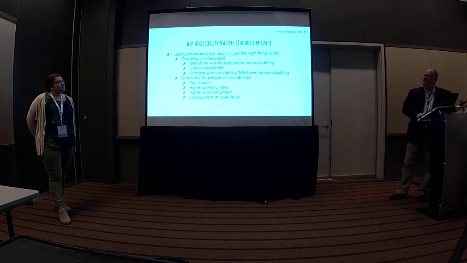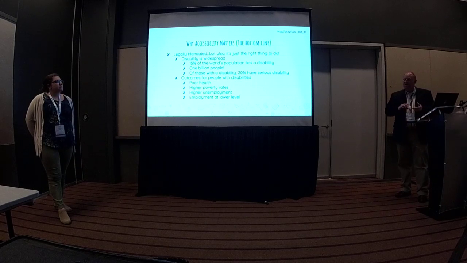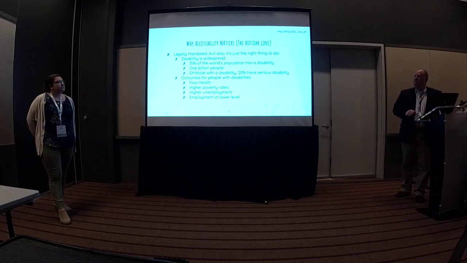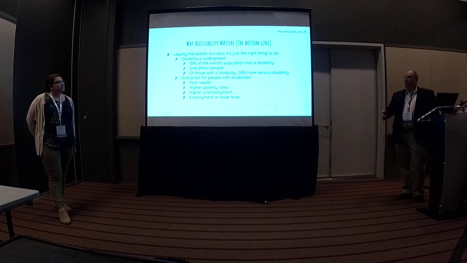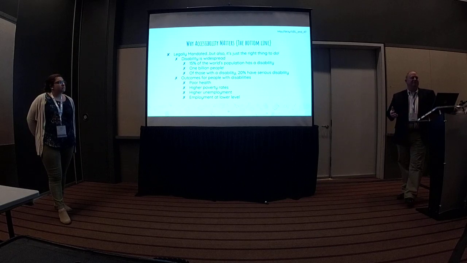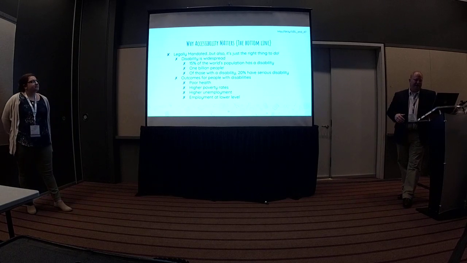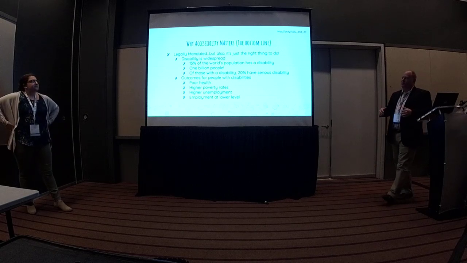And 20% of those people have a serious disability. And we know that it's more difficult for people with disabilities to get an education. So guess what? A lot of them don't get an education, or they just barely get enough, or they're pushed through the system to get out. And what does that lead to?